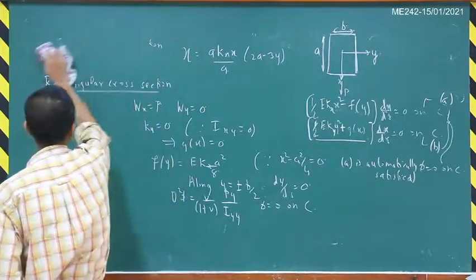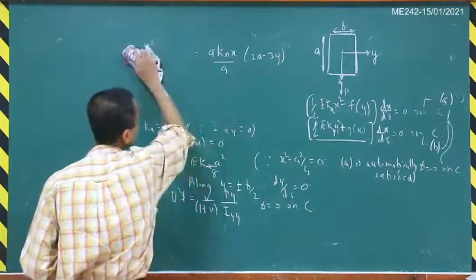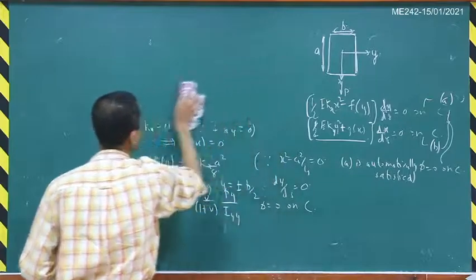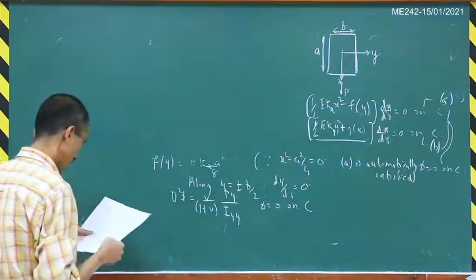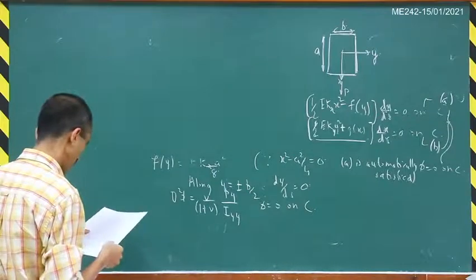As we saw in the case of the torsion problem, the solution has to be in the form of an infinite series here. So let us write this particular infinite series.